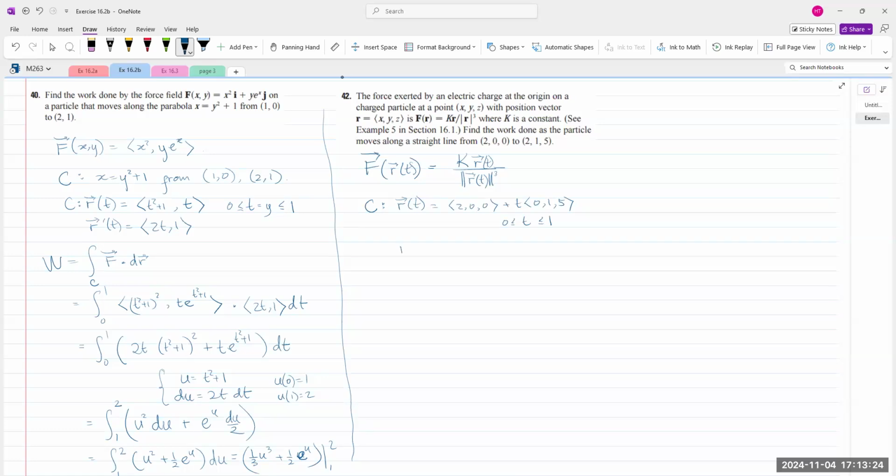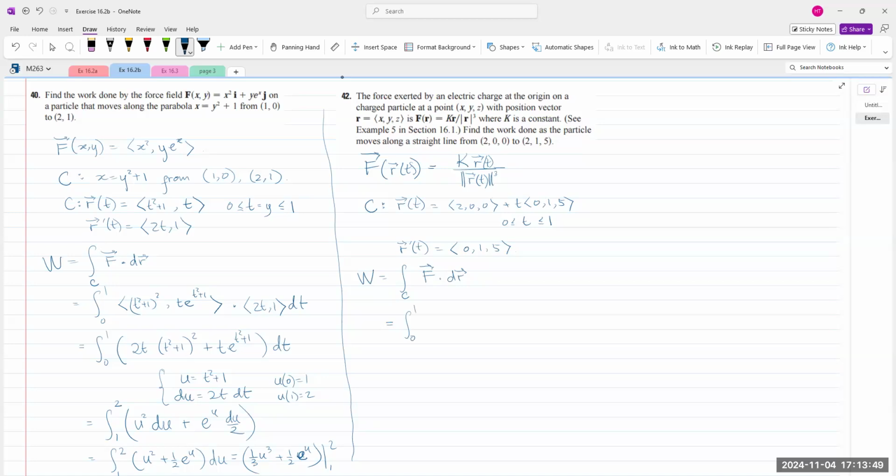Okay, so r prime of t will be just (0, 1, 5). The direction vector is a straight line. Okay, so the work will be the integral over curve C of the force field dot dr. And because we parameterize with t, that will be from 0 to 1.